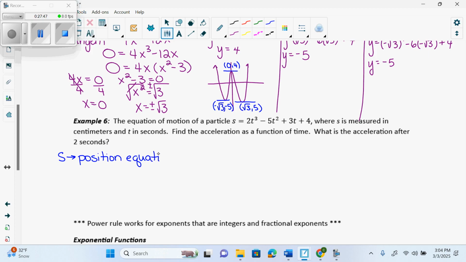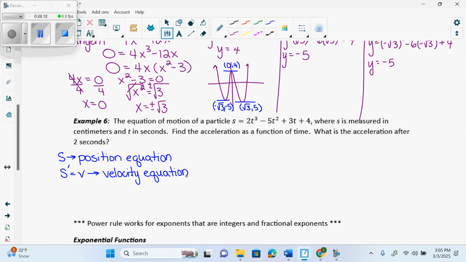S prime, the first derivative of S, is actually the same as V, which is the velocity equation. So if I give you a position equation and you find the first derivative of that, you've actually found the velocity equation.